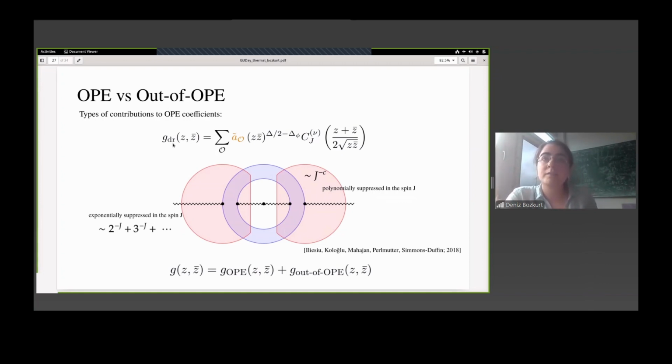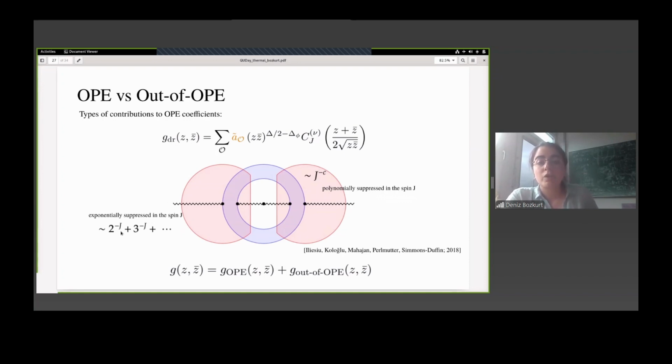And the point is it admits the same OPE expansion, but the OPE coefficients of the contributing operators are not the exact ones, but they only have the parts that are polynomially suppressed in J.